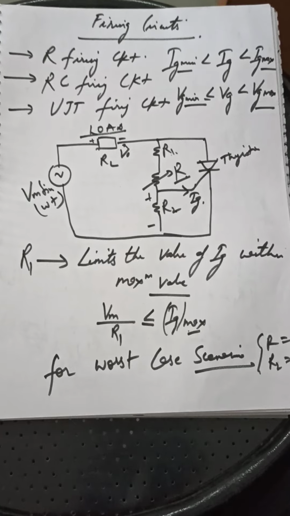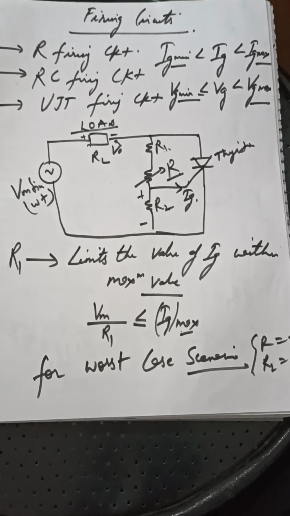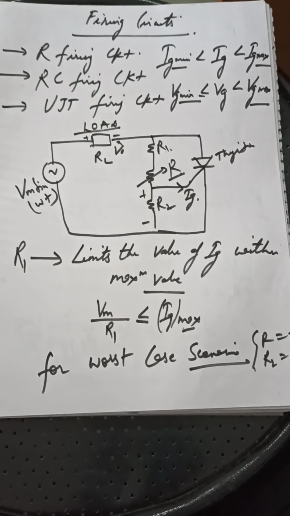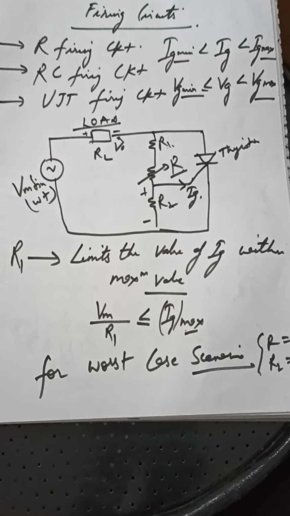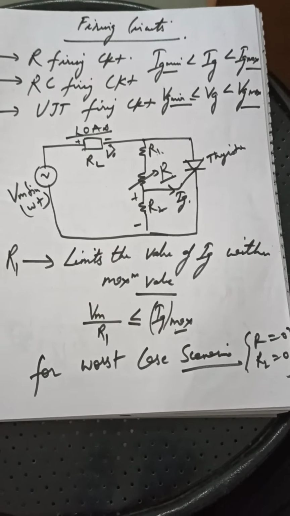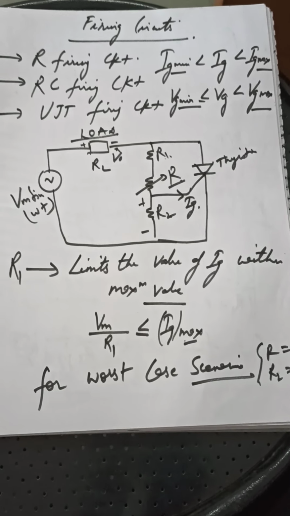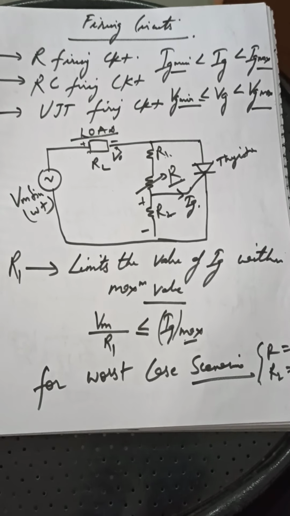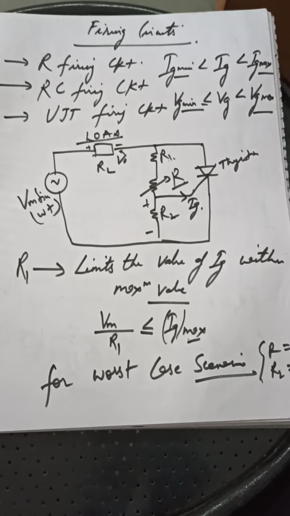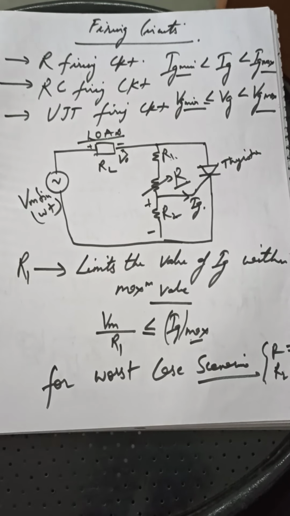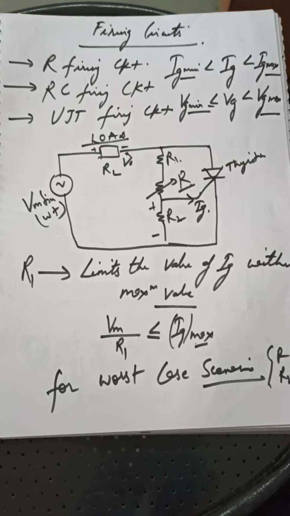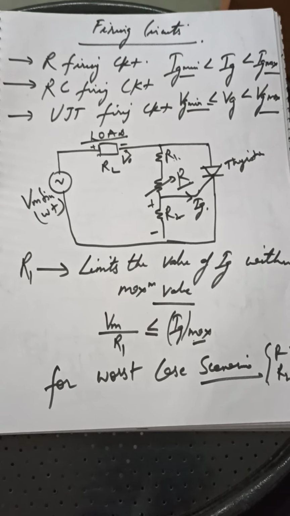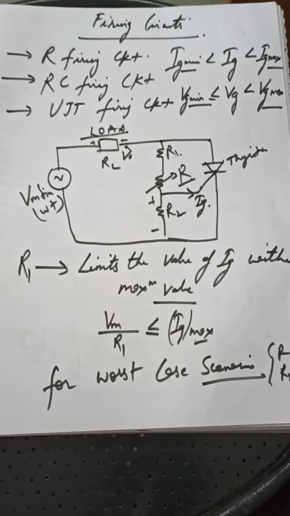The firing circuit will enable the proper conduction of the device while following the required constraint of losses in the device. That is the first part. The second part is that a trade-off between the conduction losses and the switching losses can also be achieved by using the firing circuits.